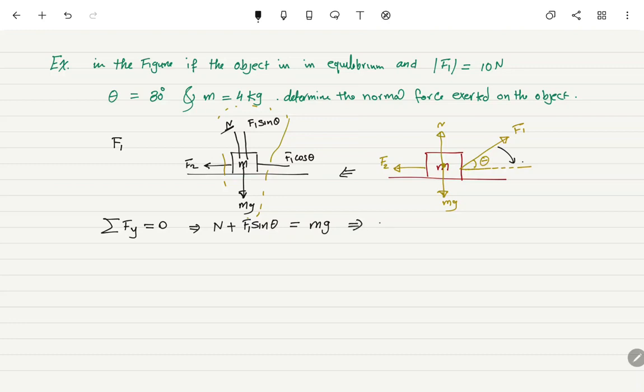In this case, normal equals mg minus F1 sine theta. m is equal to 4 and g is almost 10. F1 is equal to 10 and theta is 30, sine 30 is equal to 0.5. So 4 multiplied by 10 minus 10 multiplied by half. The normal force in this case equals 35 Newton.